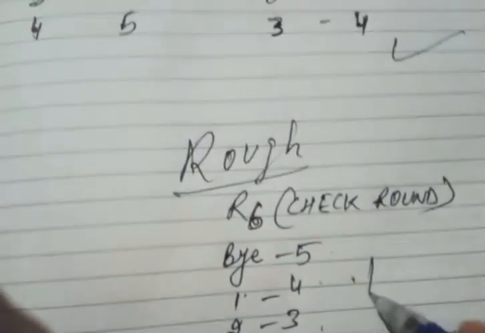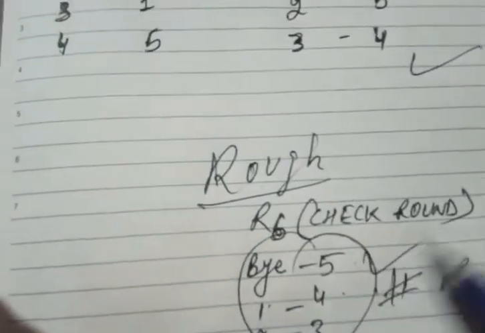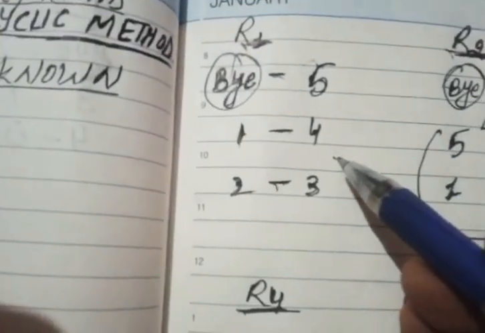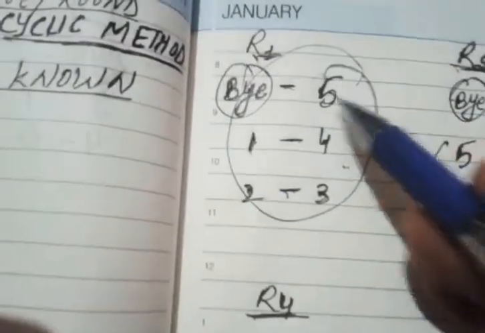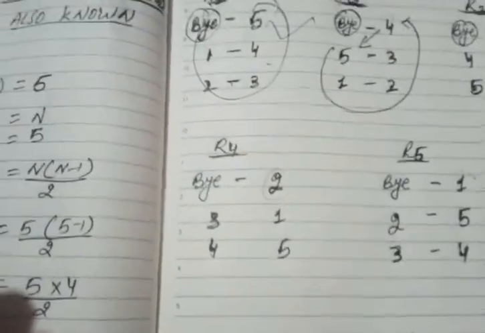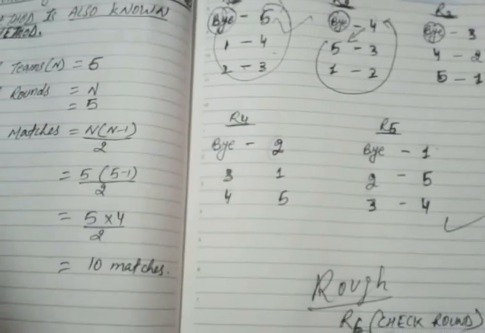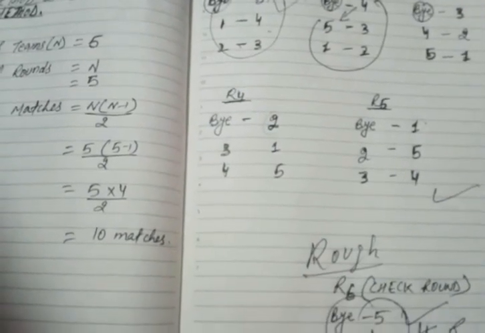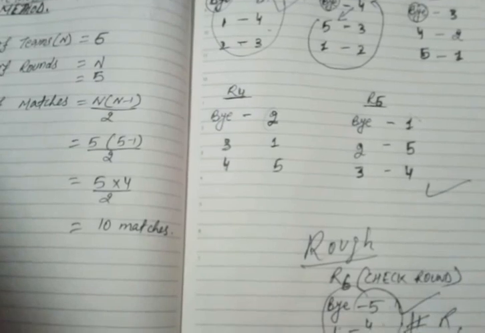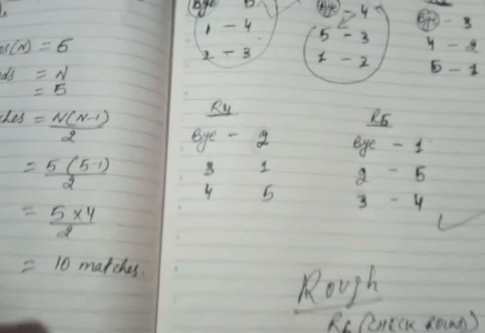If in the check round the position of the teams is exactly similar to round number 1, it means your fixture is correct, right? As you can see, round number 1 and round number 6 resemble each other. I mean, they appear similar. The position of the teams is similar there. That means we have done it correctly, right?